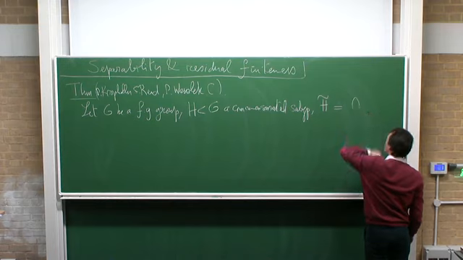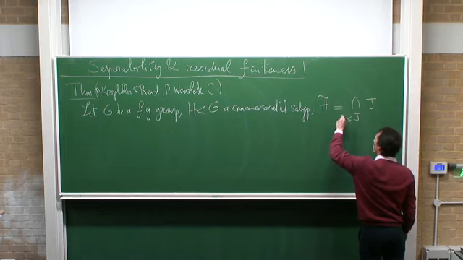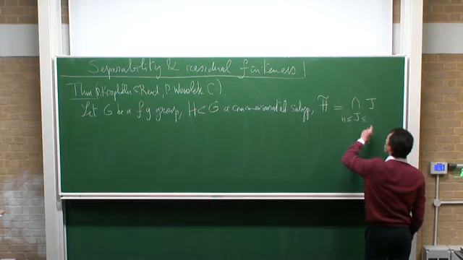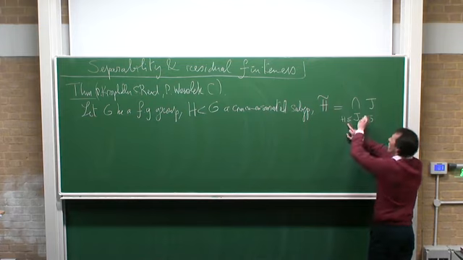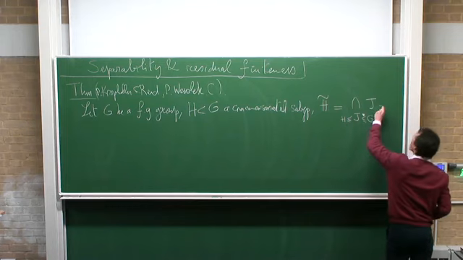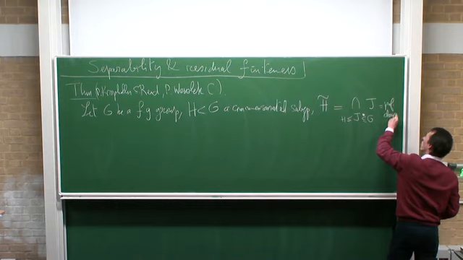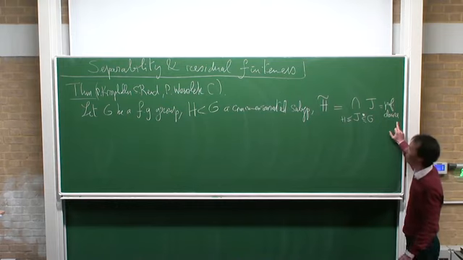So this is the intersection of all subgroups of G containing H and that have finite index in G. Okay, so that's the closure of H in the group G equipped with the profinite topology.